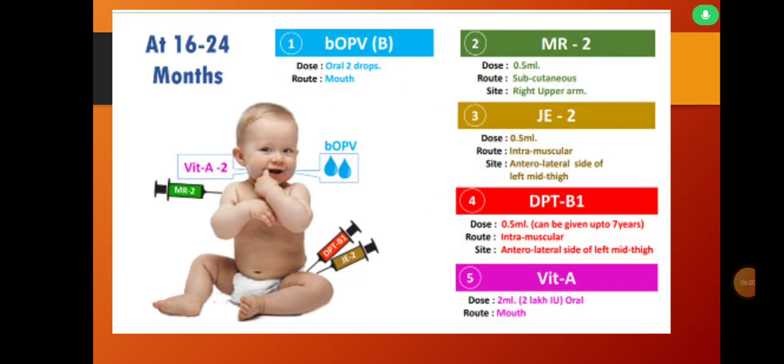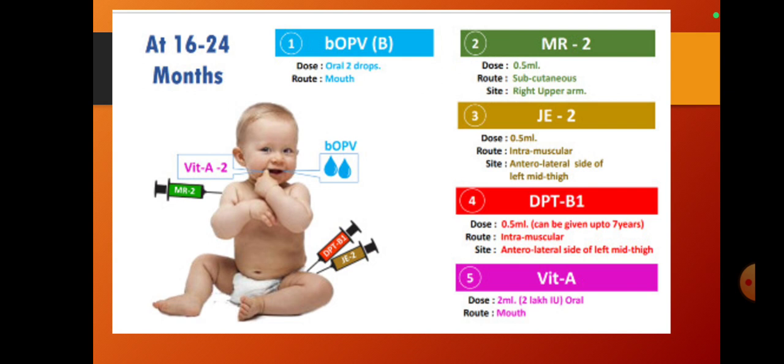And at the age of 16 to 24 months, the BOPV, that is given orally 2 drops by mouth, and MR second dose, that is 0.5 ml subcutaneous right upper arm, and the JE second dose 0.5 ml intramuscular anterolateral side of left mid-thigh, and the DPT vaccine, that is 0.5 ml intramuscular anterolateral side of left mid-thigh, and this DPT vaccine can be given up to 7 years.